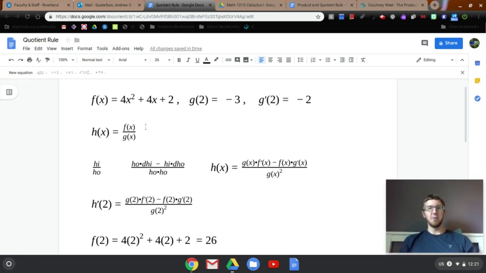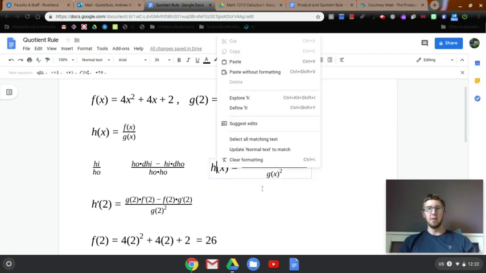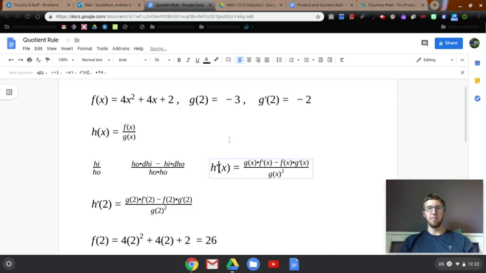What that relates to in terms of the more rigorous mathematics is that the derivative of h of x is going to be the bottom, g of x, times the derivative of the numerator, minus the numerator times the derivative of the denominator, all over the denominator squared.